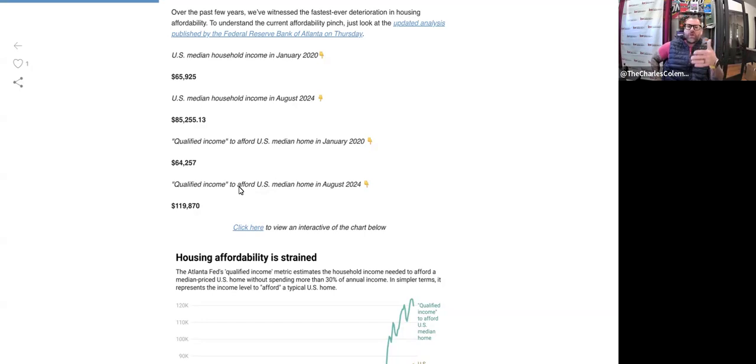With interest rates being so elevated, as well as the price of homes going up, to afford the median level home in the United States, you have to have $120,000. Obviously this isn't the real world when we're talking about Colorado, because in Colorado you would probably have to have a dual income to afford a home at our median levels.